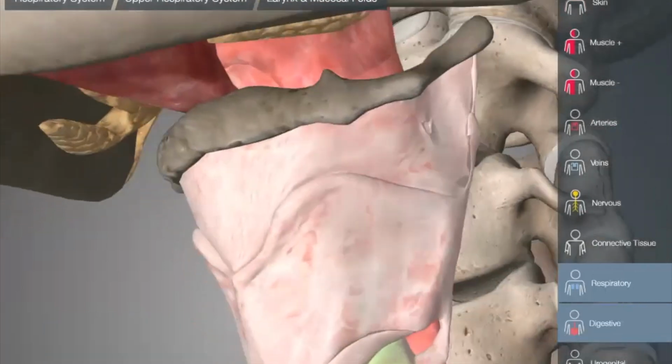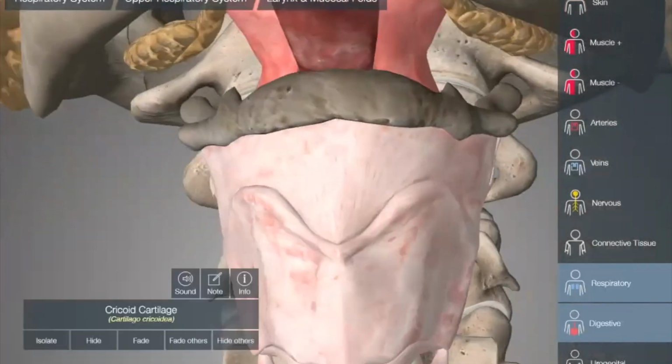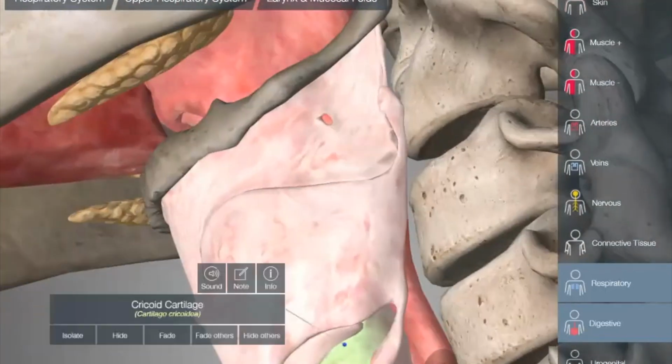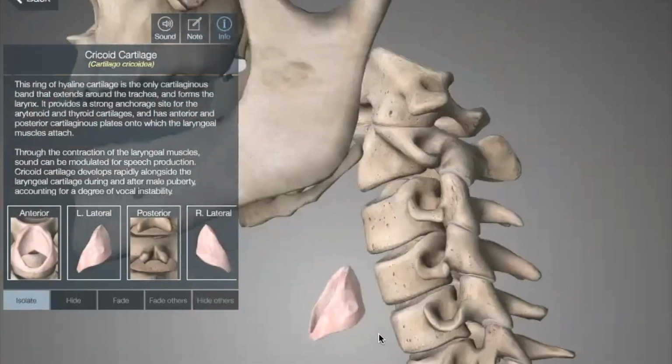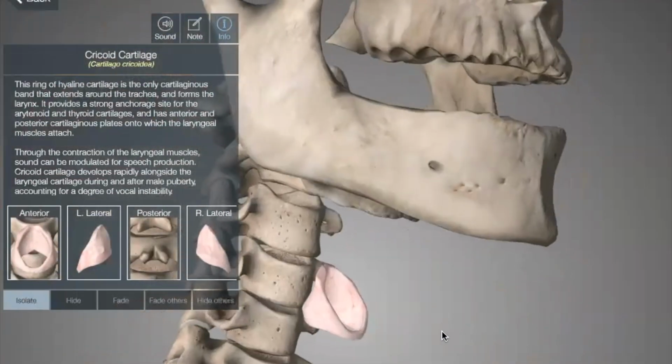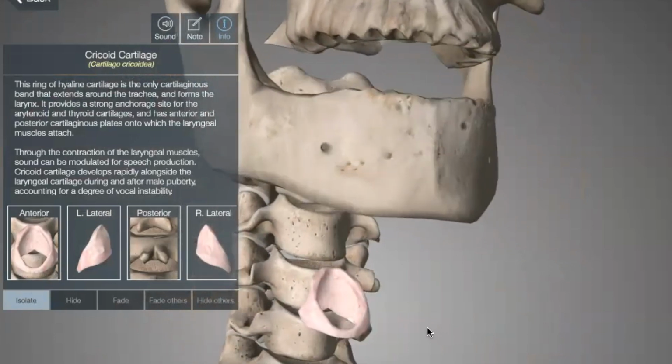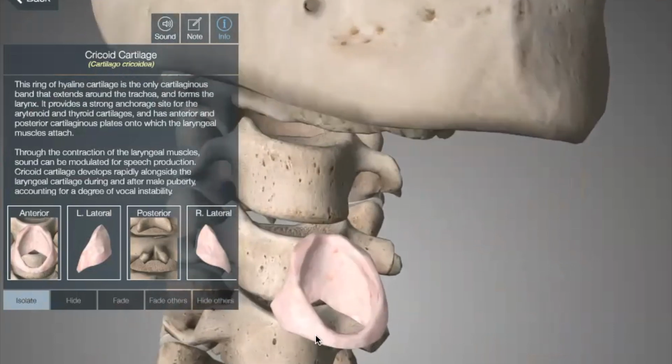Now, the next one we're going to talk about is the cricoid cartilage. Cricoid cartilage is basically a ring. If I isolate it, it is basically a ring. And this ring is made up of hyaline cartilage, and it is much narrower anteriorly.